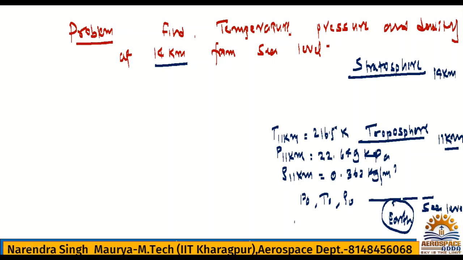Then you go for the calculation at 14 kilometer. But if you remember the temperature, pressure and density values at 11 kilometer, then directly you use the stratosphere formula. Like now you just see, you will understand what H is. It is 14 kilometer. This is the stratosphere.